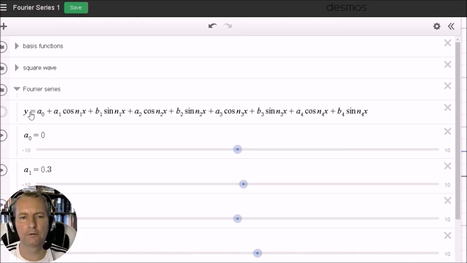If you count A0 as the first term, then A1, B1 is the next term, and A2, B2 up to A4, B4. So if you count all of those up, we've got 4 A's, 4 B's, 4 values of n, and we've also got our constant term. So that's 13 values that you can change.